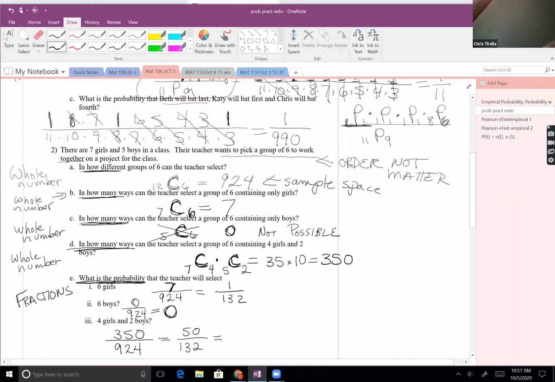And then if I divide them by 2, I get 25 over 66. So I think that's how that one reduces. How does that one look? I got the same. Does everybody see the difference between the first and second question? The first question order mattered, and the second question order did not matter.